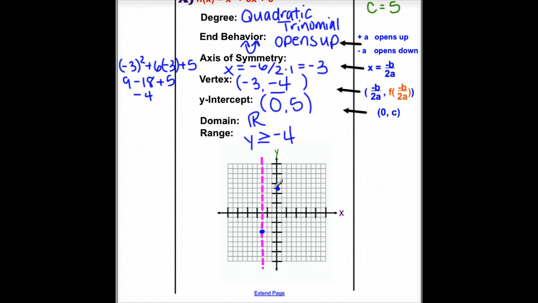And I know one thing that's going to help me with sketching this is knowing that that axis of symmetry is halfway, and our y-intercept has a point on the other side, the same distance away, so we can create a symmetry. And like I said, this isn't going to be exact, but we can sketch our parabola. It doesn't have to be perfect, just so we have an idea of what it looks like.